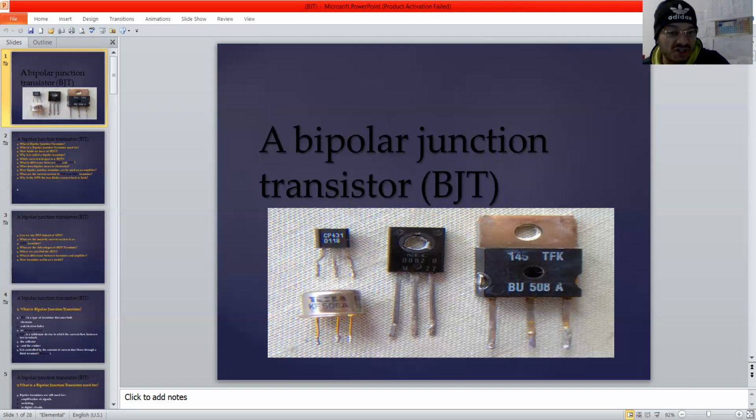When no base voltage is present, the switch will be off.